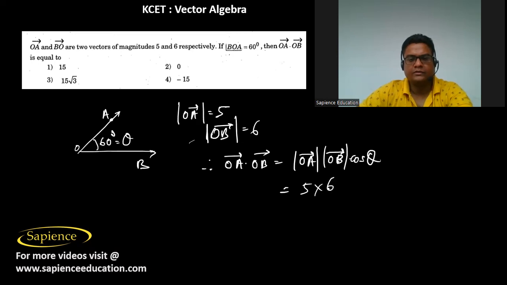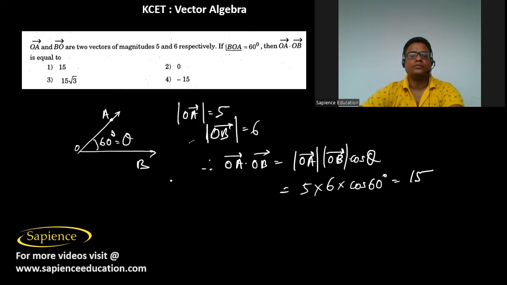So this will be 5 into 6 into cos 60. Cos 60 is half, so this will be 15. So OA dot OB will be 15 units. So option 1 is the correct answer.